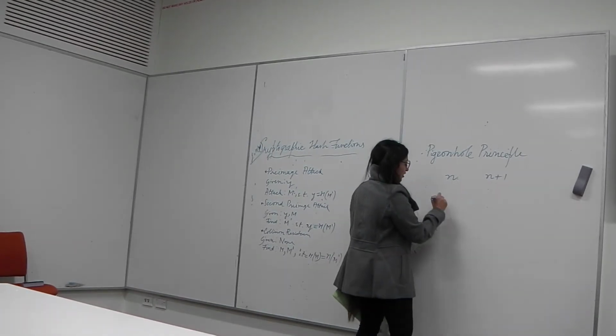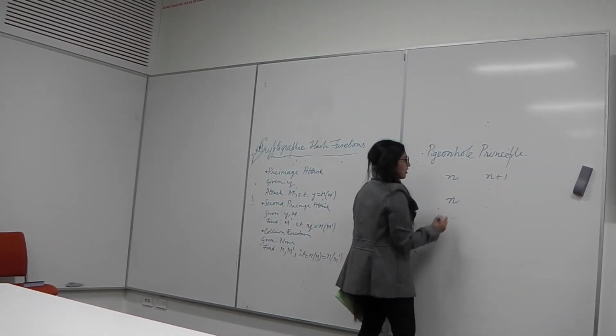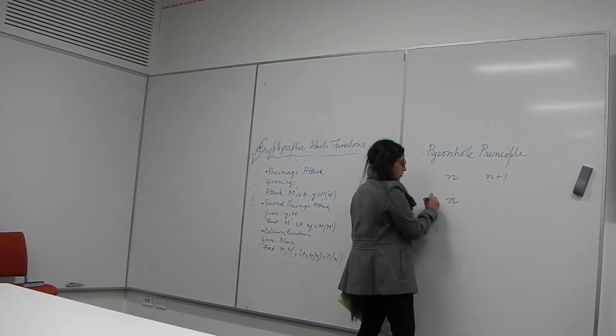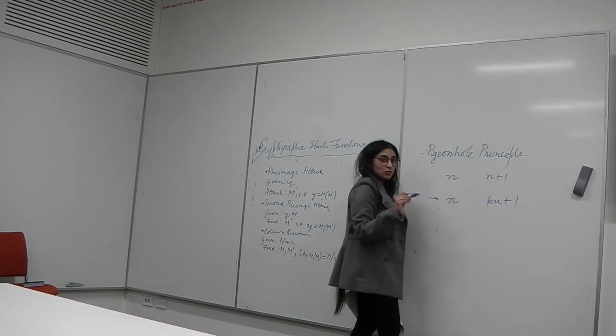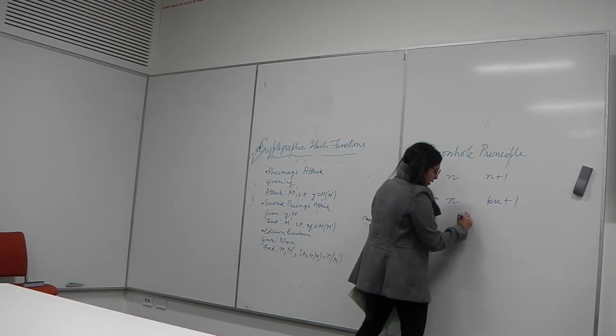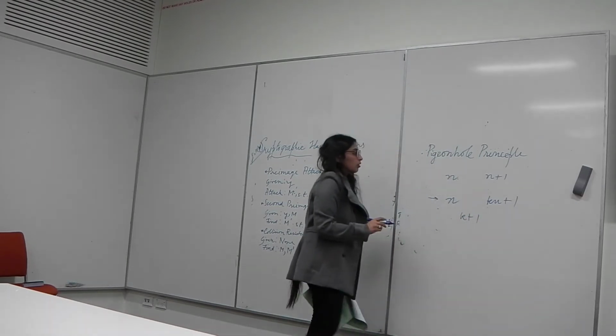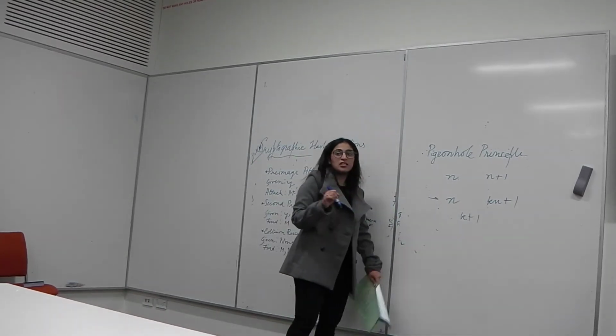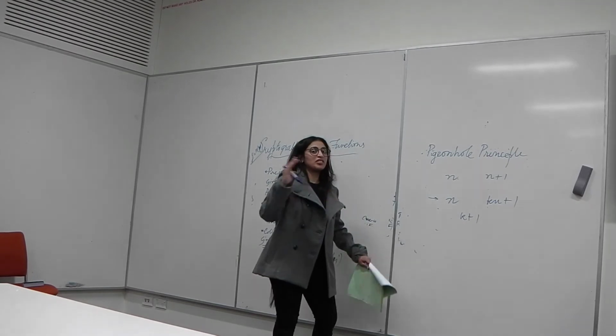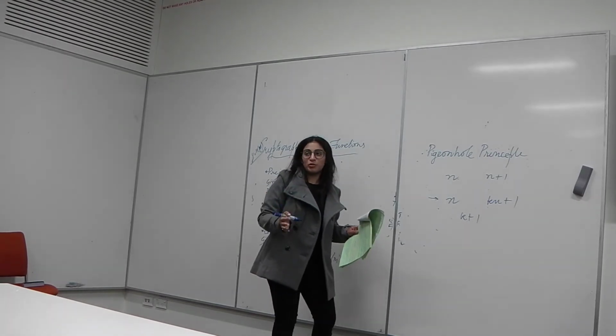And the generalized principle is, if there are n pigeonholes and kn plus 1 pigeons, then at least one hole contains k plus 1 pigeons. Why I'm talking about this is that the message digest size is small and the number of messages is large. So collisions are bound to happen.